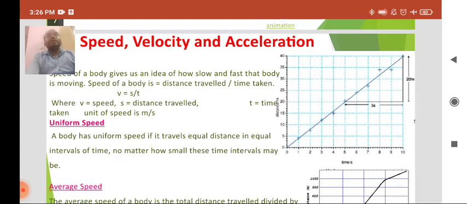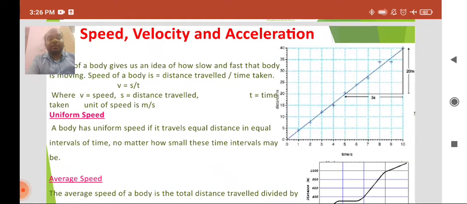Secondly, uniform speed. What is uniform speed? What do you understand by uniform speed? Uniform speed means a body has uniform speed if it travels equal distance in equal intervals of time, no matter how small these time intervals may be.